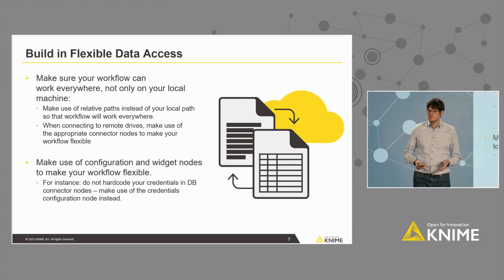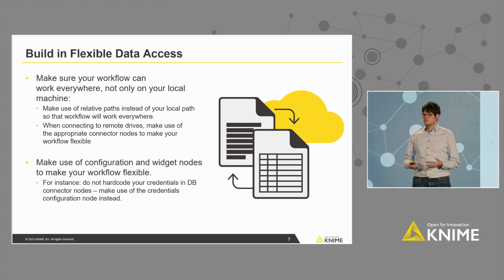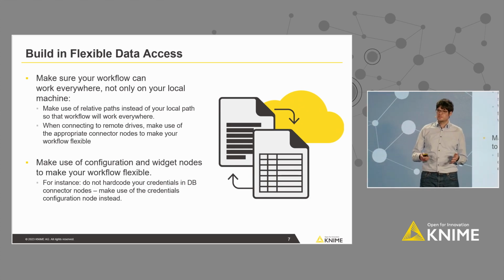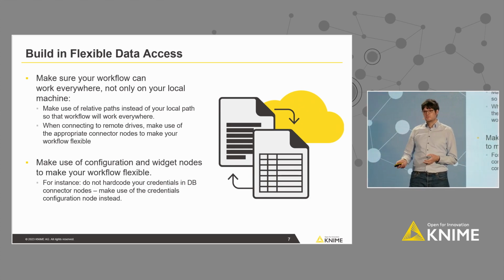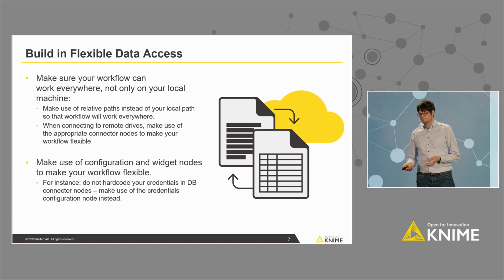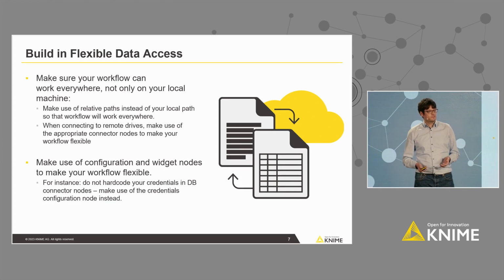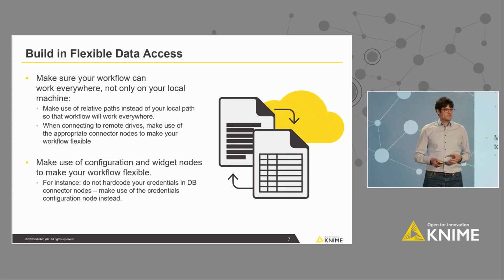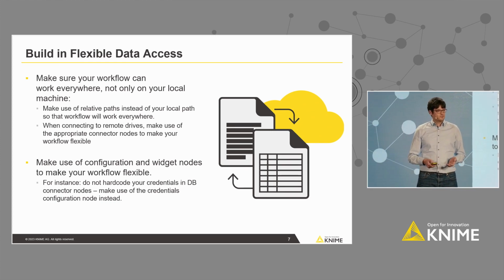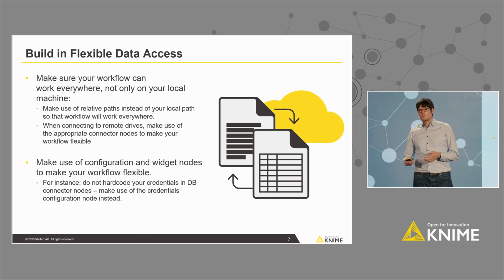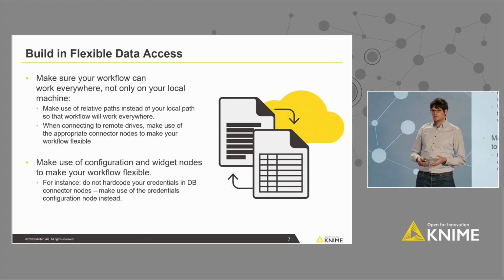To make sure of that, you should avoid using the local file system, because the path on your colleague's machine might be different than the path on your machine. One of the ways to do that in KNIME is to use relative paths. We have different ways of using relative paths, relative to a workflow or relative to a space on the KNIME Hub and so on.